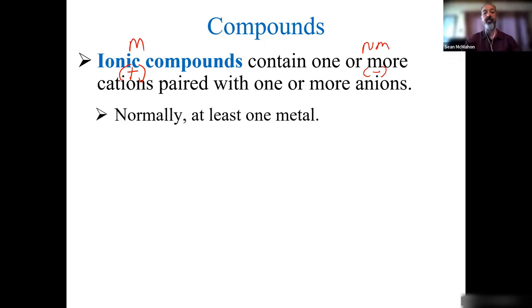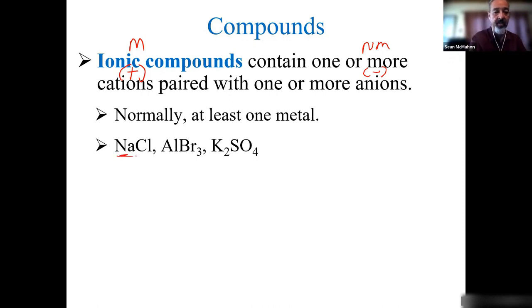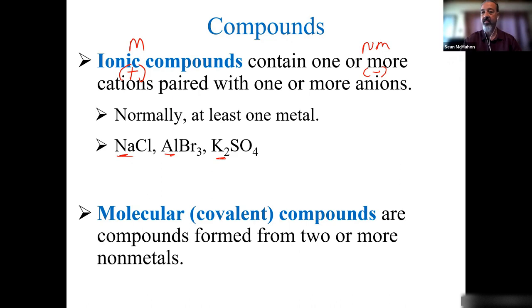So typically you have 1 metal, as we can see here. Sodium's a metal, aluminum's a metal, potassium's a metal. And then you have your nonmetals. So all of these have a metal and a nonmetal, a metal and a nonmetal, a metal and nonmetals.